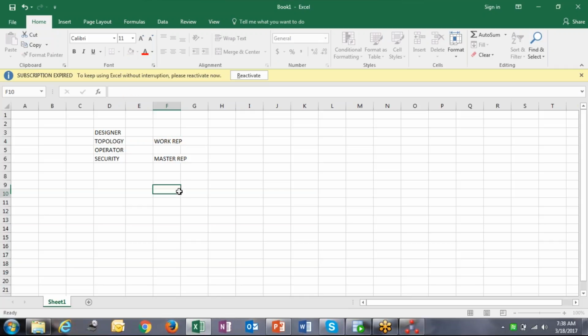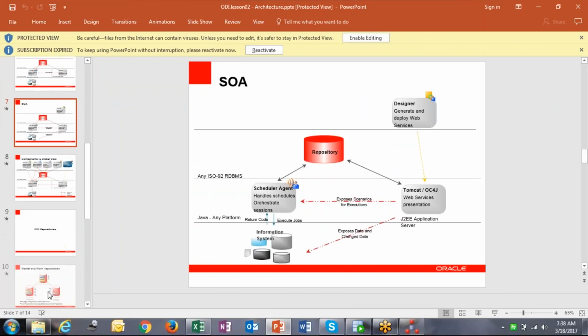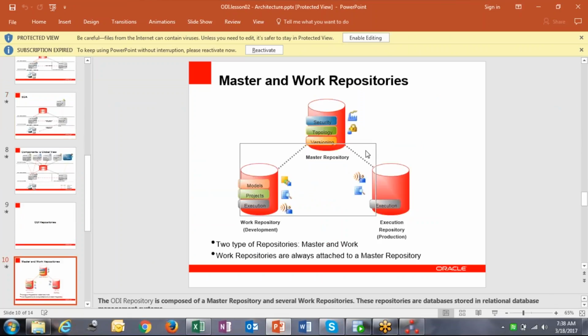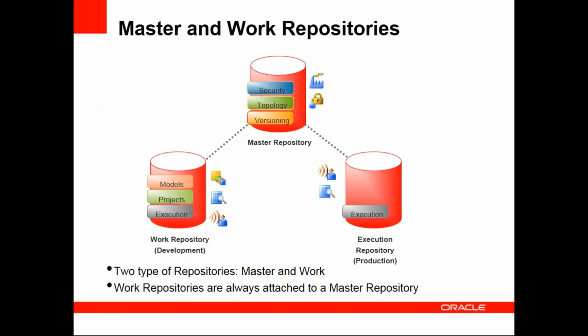Okay, so let's have a quick look here. If you have a look at this one, this is the master repository and this one is the work repository, and this is also a work repository.